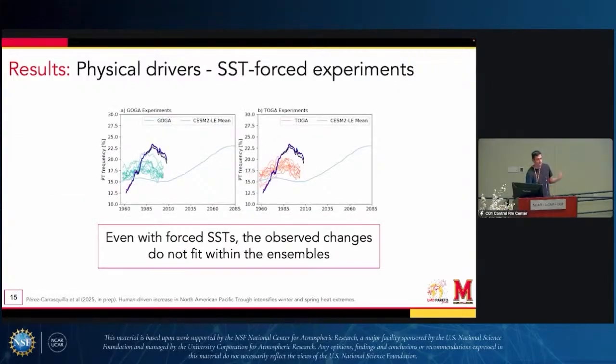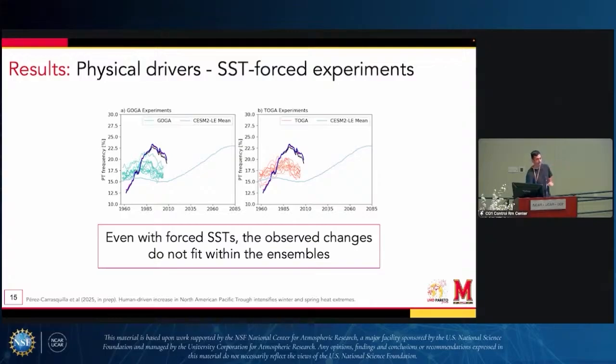And so given that, we hypothesized that maybe if we corrected the sea surface temperatures in the models, then we could improve the representation of those trends. And if we forced the SSTs, here are the GOGA and TOGA ensembles, we do see an improvement in terms of the increasing trend before 1990 and then the decreasing trend after that for those ensembles.